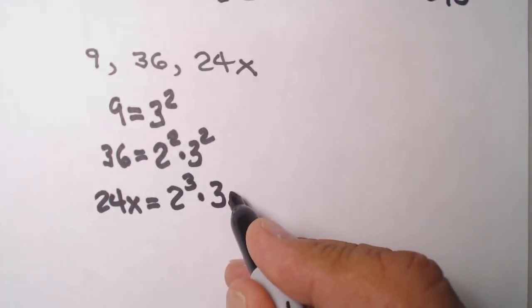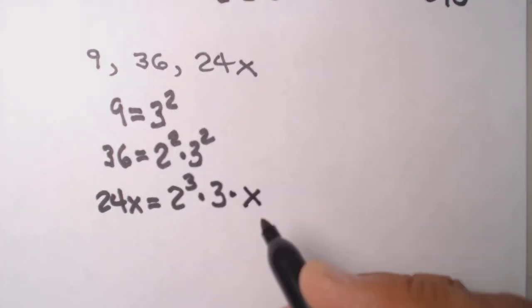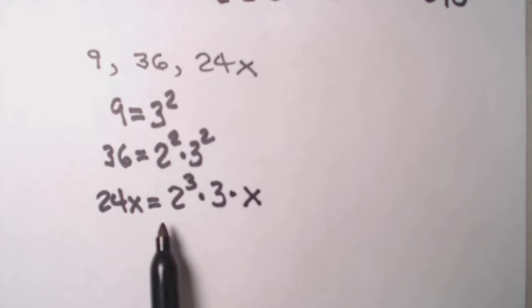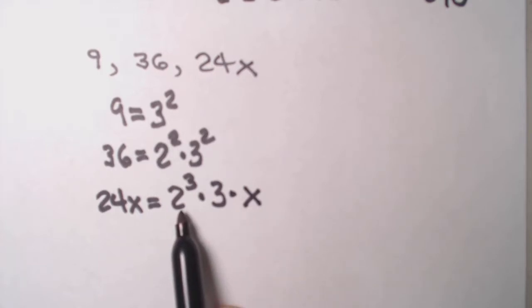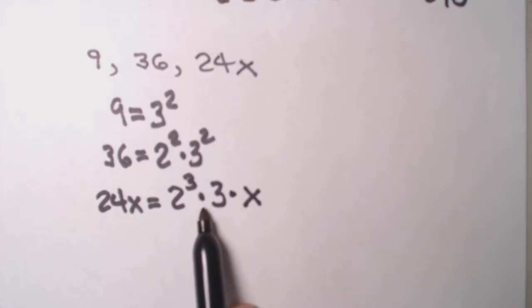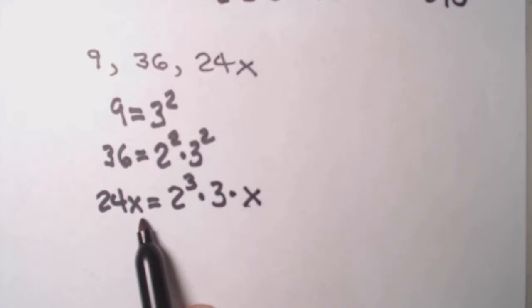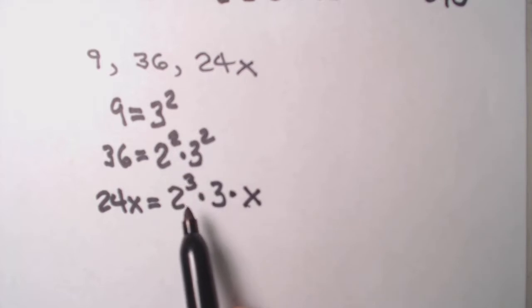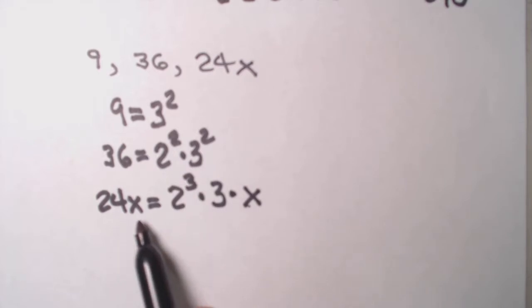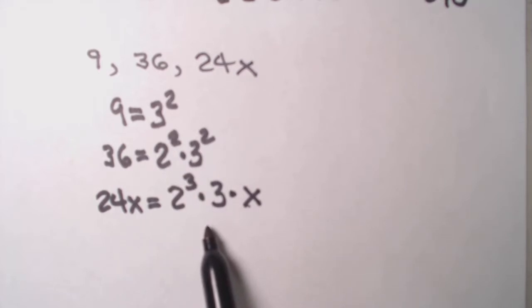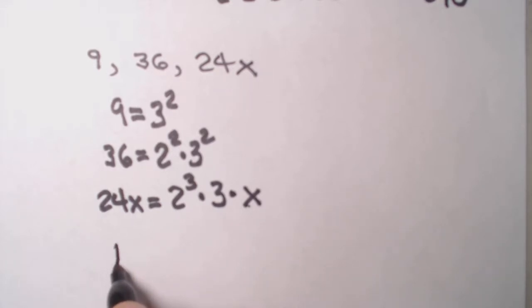We also have an x here. Boom, there it is. Now, if I was to multiply all this back together, 2 cubed is 8, times 3 is 24, times x is 24x. So the nice thing about this prime factors method is it works perfectly fine if you've got some letters in here as well. Okay, what's the LCD going to be?